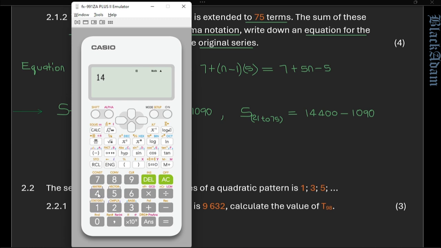So 14,400 minus 1090 gives us an answer of 13310.